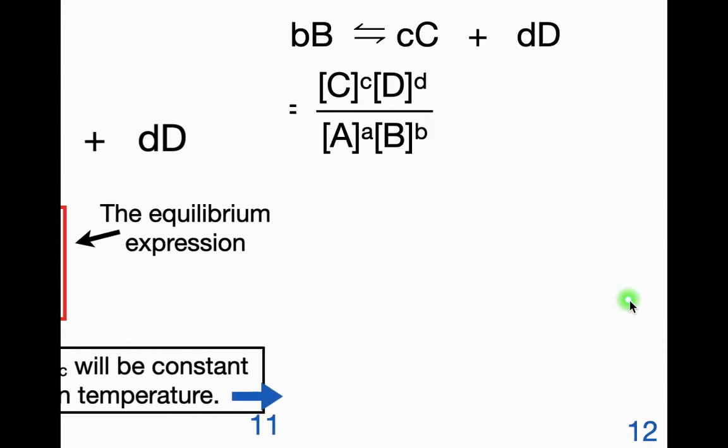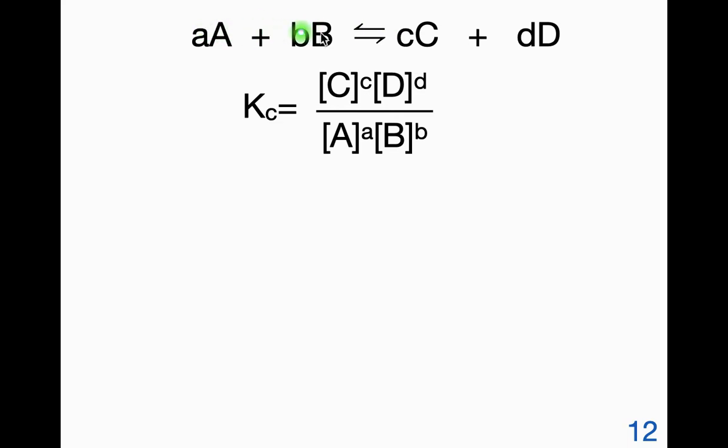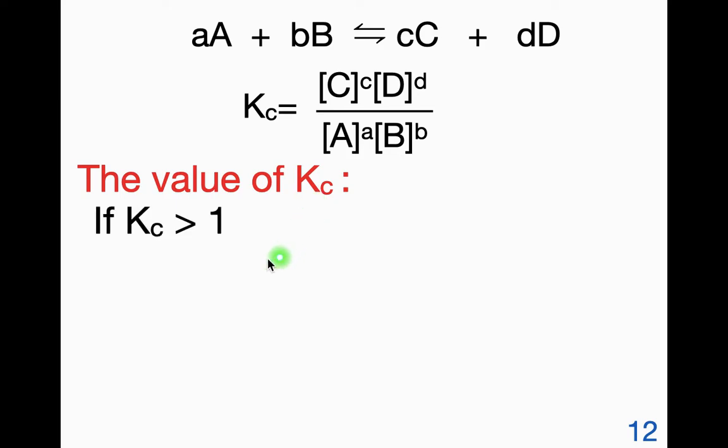Okay, so now we're going to look at the value of K, the equilibrium constant. There are three possibilities. It could be greater than 1, less than 1, or equal to 1. Let's first look at if it's greater than 1. Well, what does that mean? Looking at the expression, the products are in the numerator.